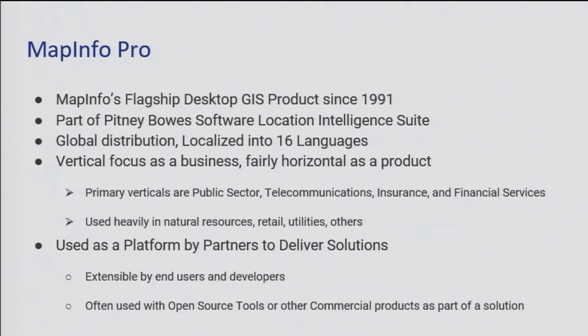And it's also used as a platform by partners to deliver solutions. So people write applications on top of Pro, and it's extensible by end users and by developers. And as I mentioned, it's often used with open source tools or as a data creation tool where the data is then used in other solutions. So we try to be interoperable. Many of our customers use a hybrid set of products.